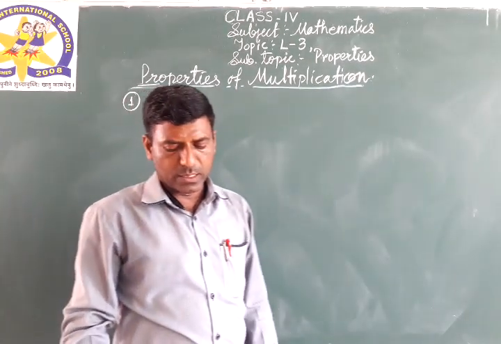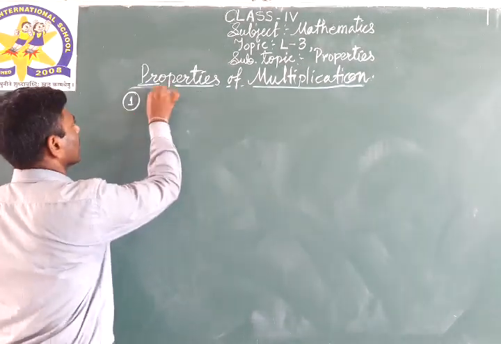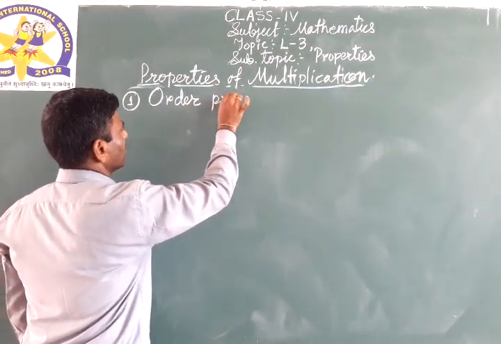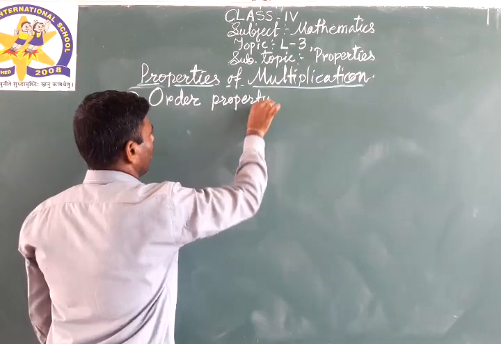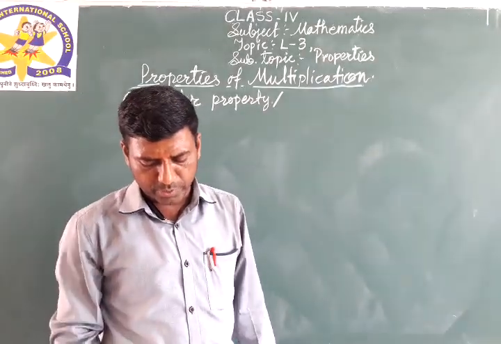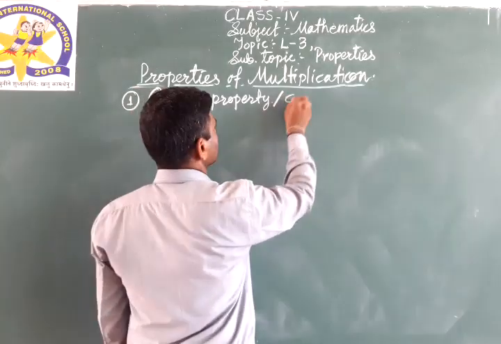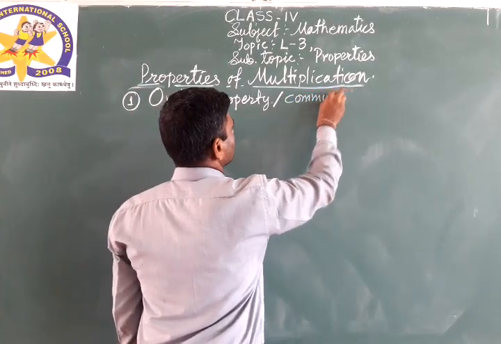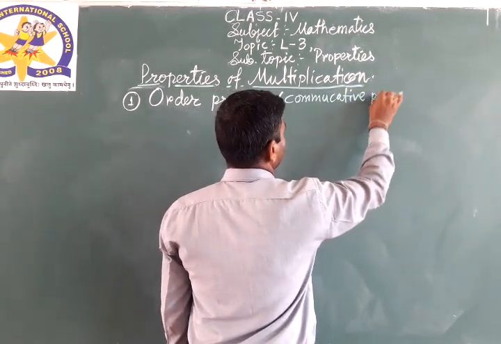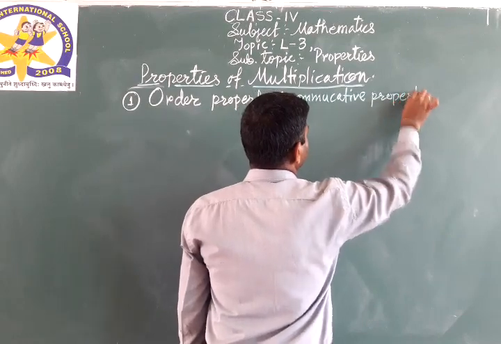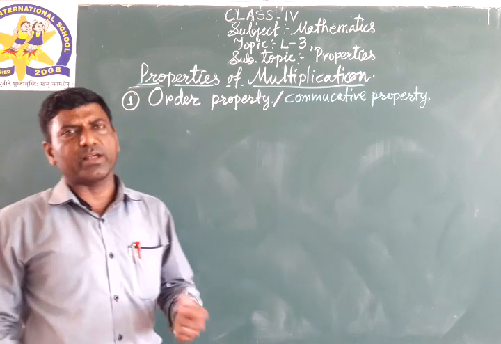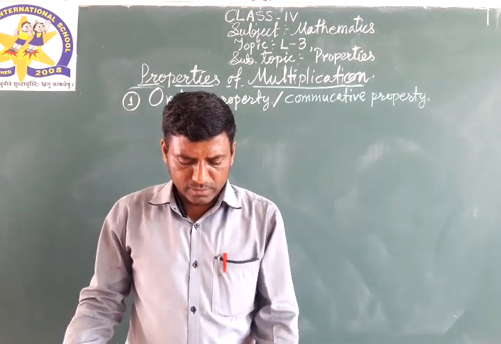We call it the order property, or another name is commutative property. Now what is order property?